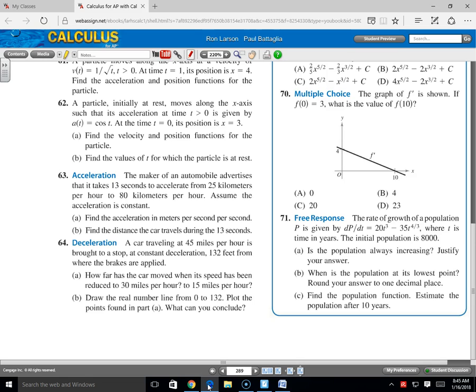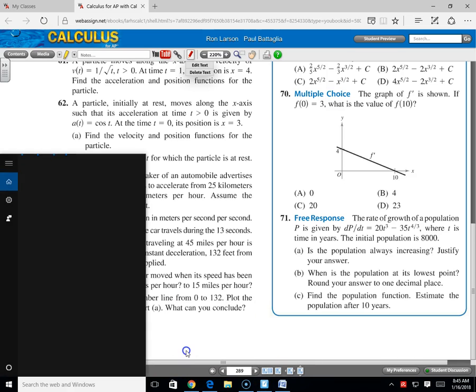Why isn't it approximate? When I plug into my formula for average acceleration, how can I say it's the actual acceleration?